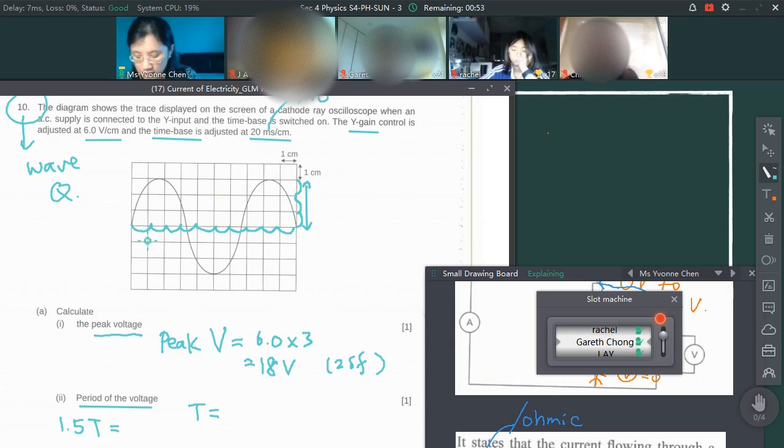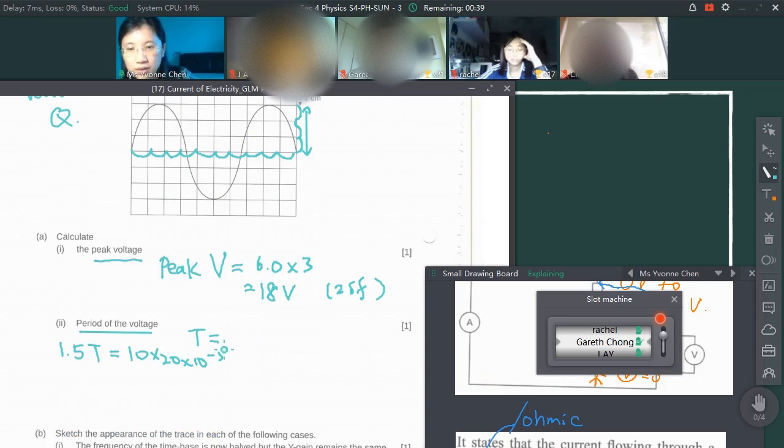Because you can see half, 1.5. 1.5 period equals 10 multiplied by 20 times 10 to the power of negative 3. Then I can do the calculation. I get 1.5 period equals 0.2 second. So period equals 0.2 divided by 1.5, which is 0.133 seconds.